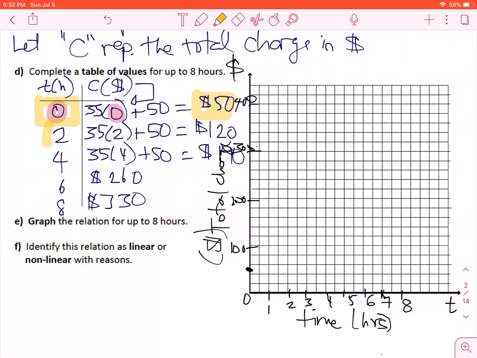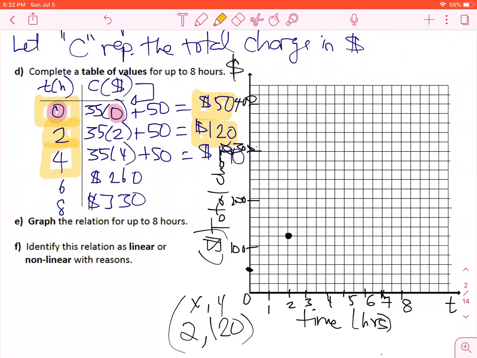Then I'm going to make my coordinate of 2, 120. How we would write that would look like this: 2, 120 with your x comma y coordinate. So I'm going to find my 2, and then go up to 120. There we go.